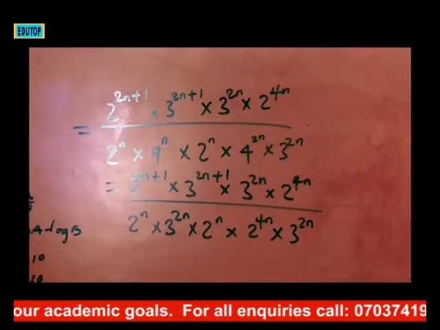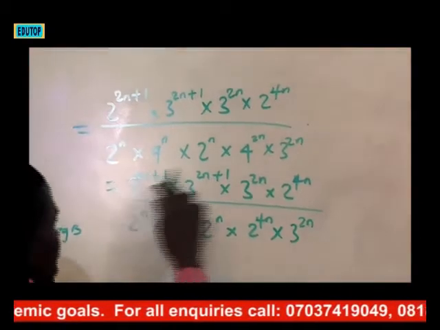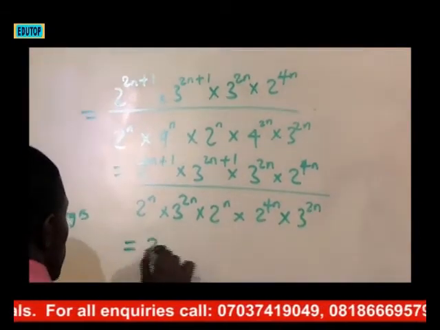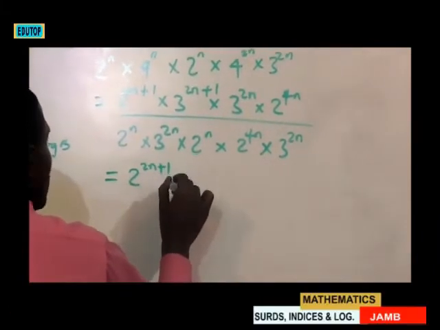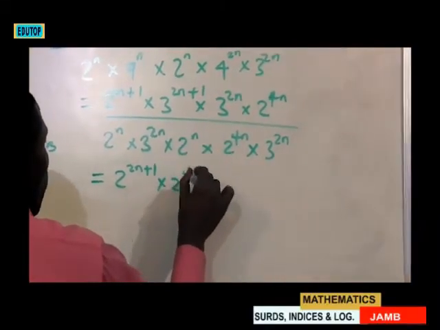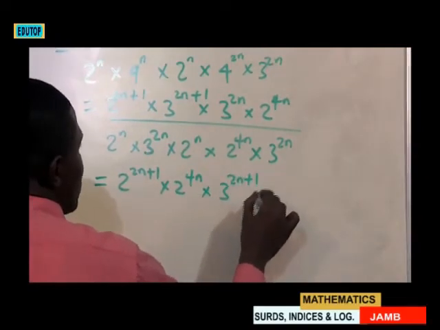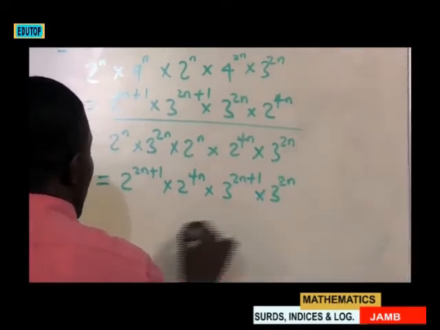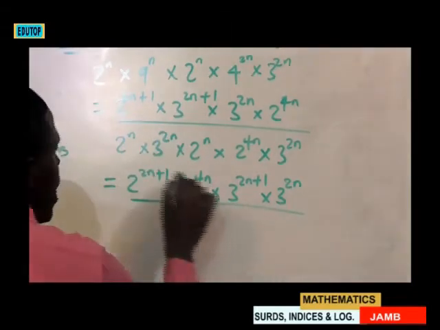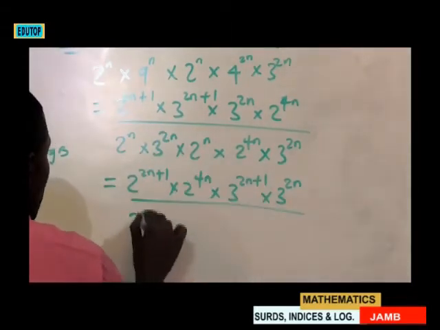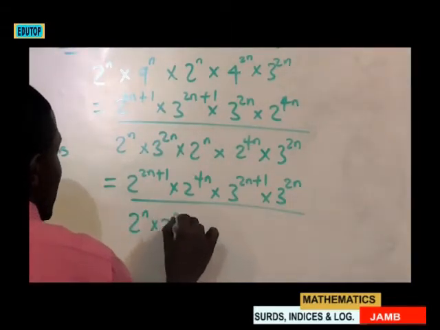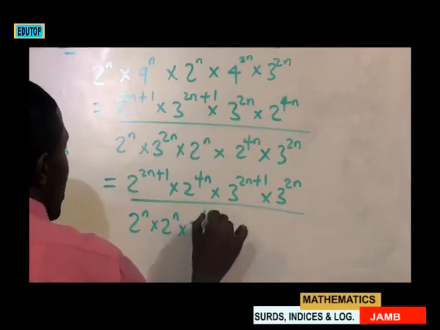Now let's combine those with the same base. These and these are similar, so I can say 2 raised to power 2n plus 1 times 2 raised to power 4n times 3 raised to power 2n plus 1 times 3 raised to power 2n over this one now. This one and this one are similar. 2 raised to power n times 2 raised to power n times 2 raised to power 4n.